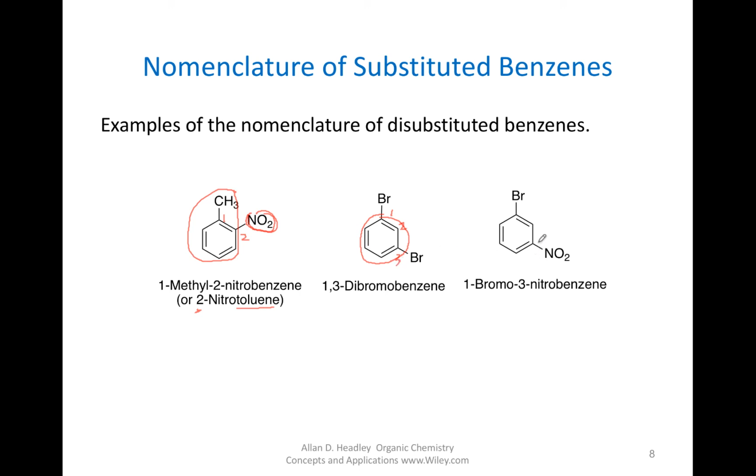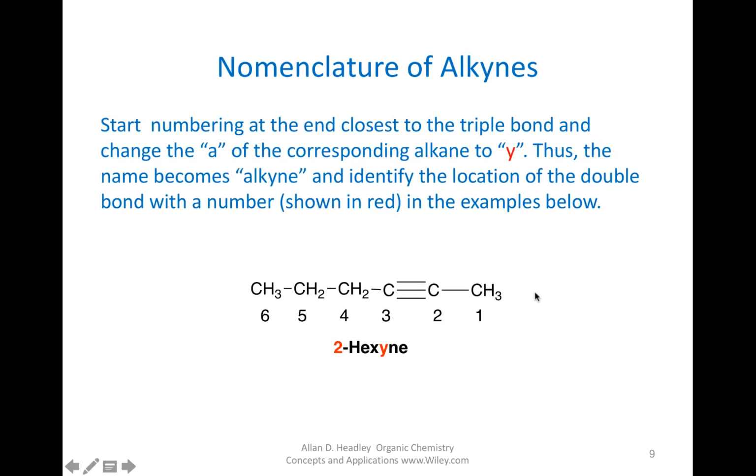Here we have the same relationship, 1, 2, 3, but it's a bromo and a nitro, and of course B comes before N, so therefore it's a 1-bromo-3-nitrobenzene. So be able to name substituted benzenes.